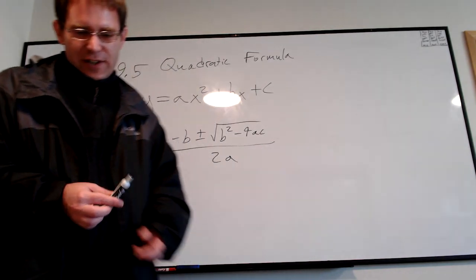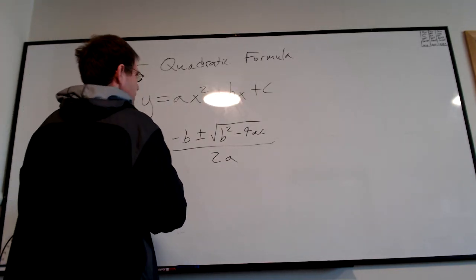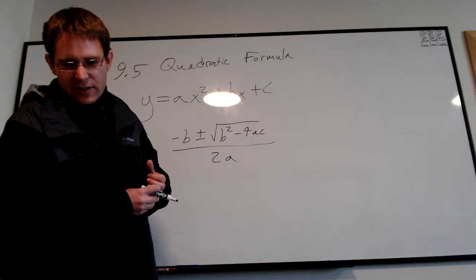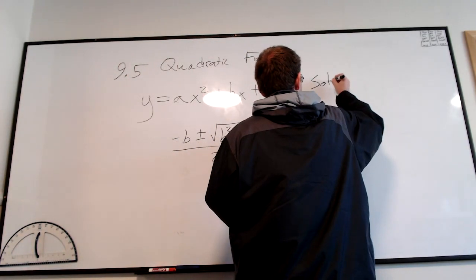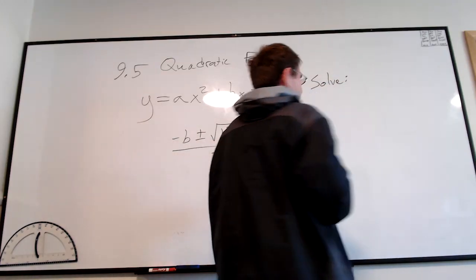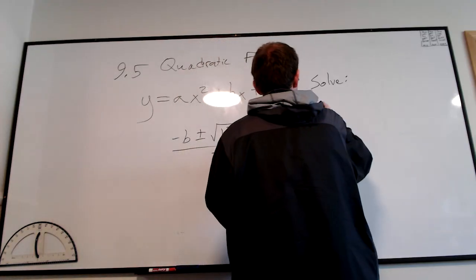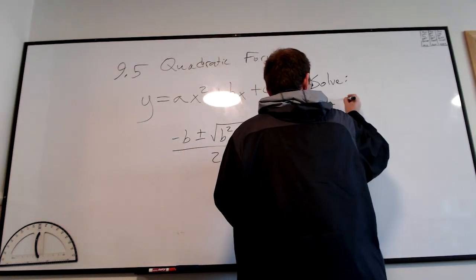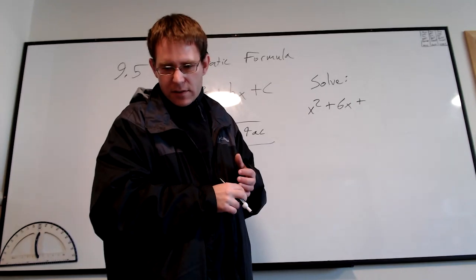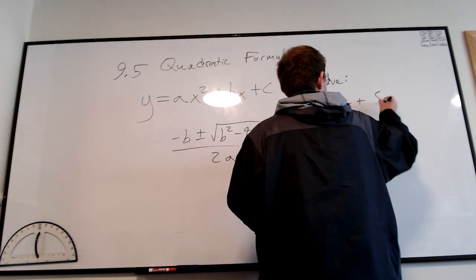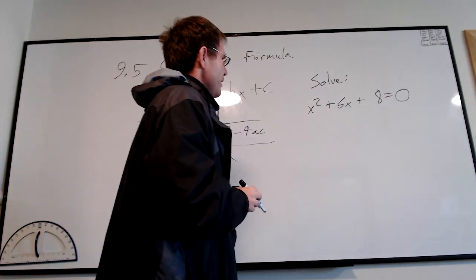All right, so let's try an example. I'll do it over there. So let's solve this. x squared plus 6x plus 8. We're setting it equal to 0 because that's what we have to do for the quadratic formula.